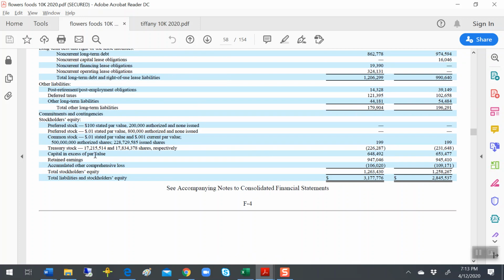Where you see down here, stockholders' equity, preferred stock, and there are zeros. Those dashes mean we don't have any.